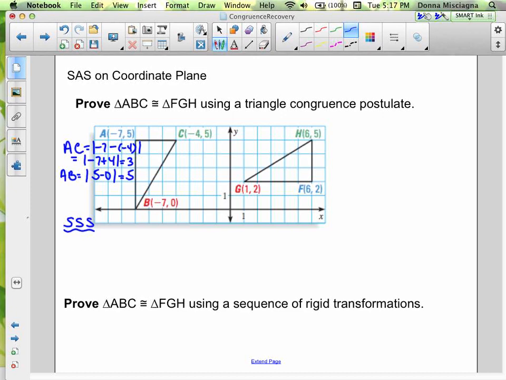On the third one, we'll need to use the distance formula. All right, so I'm going to move this up here so that I can have the space for the diagonal line for CB.